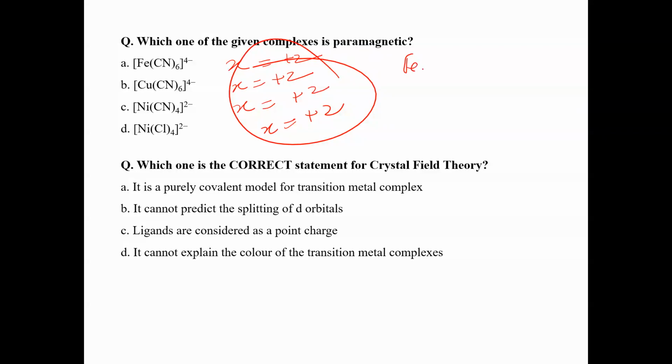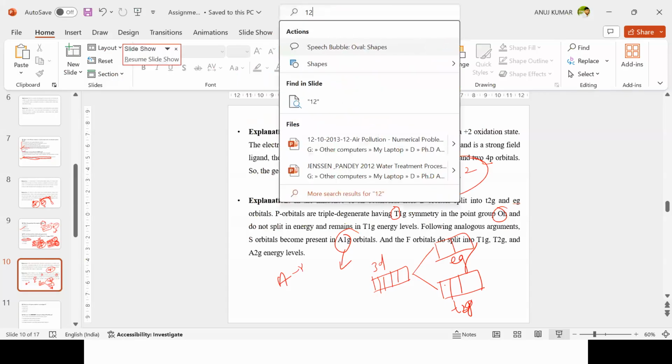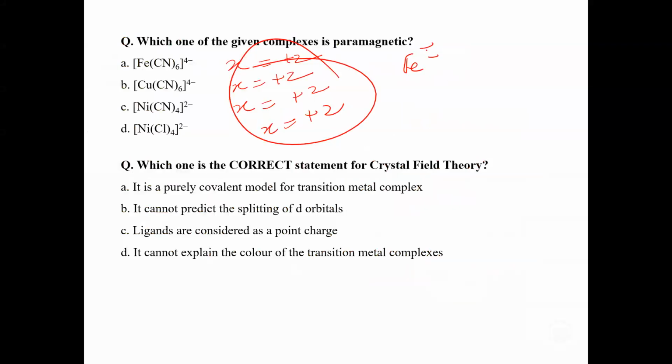So just write the electronic configuration for Fe plus 2, Cu plus 2, Ni plus 2, and Ni plus 2 similarly. Okay. So here it will be 3d6, right?